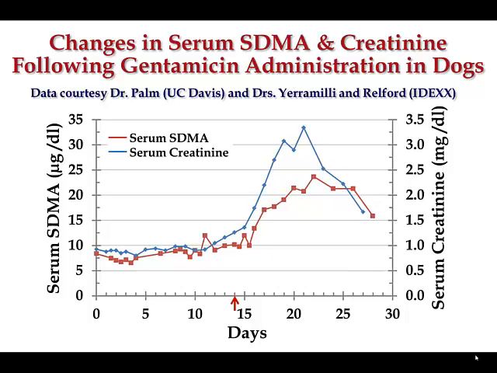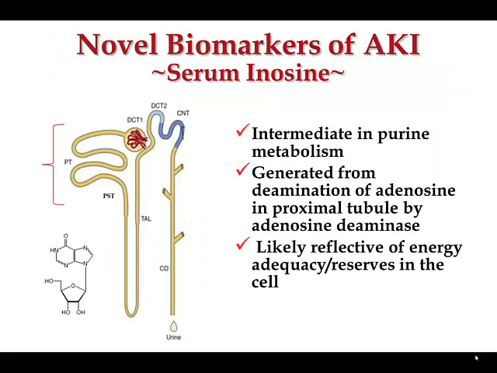And I don't remember what day SDMA did, but you can see that SDMA and serum creatinine for this model of disease look very similar, and they're probably giving you very similar kinds of data. And SDMA, although it's going to probably be very useful for other kinds of kidney disease, as an early marker of acute kidney injury, it didn't seem to be very helpful.